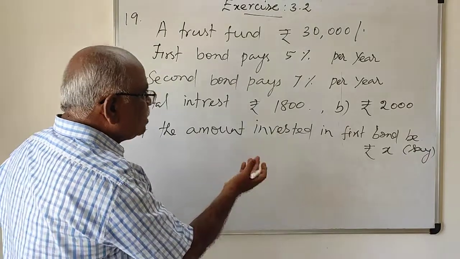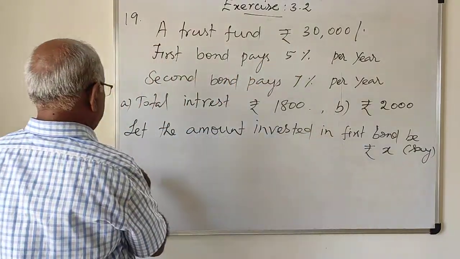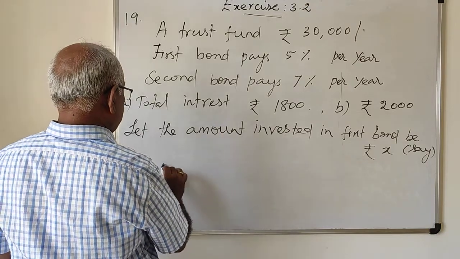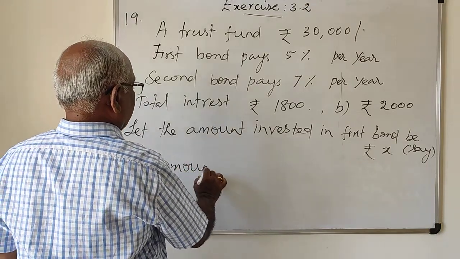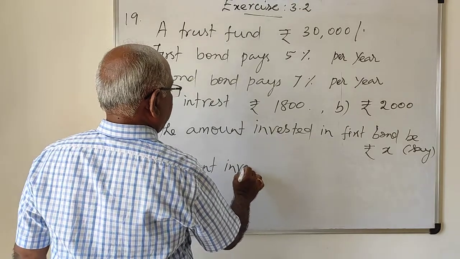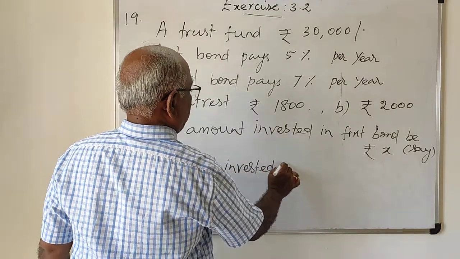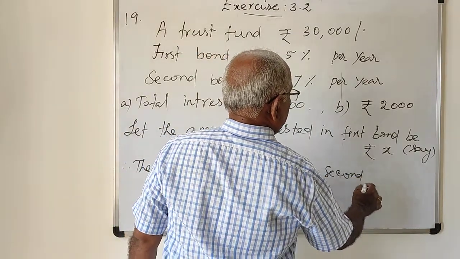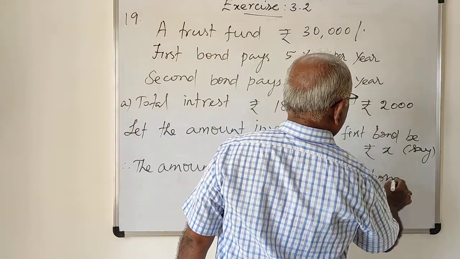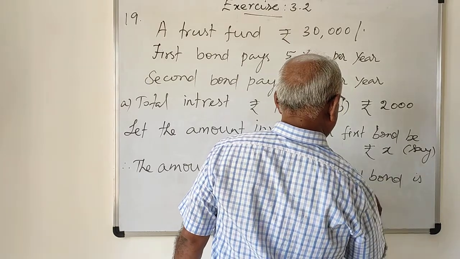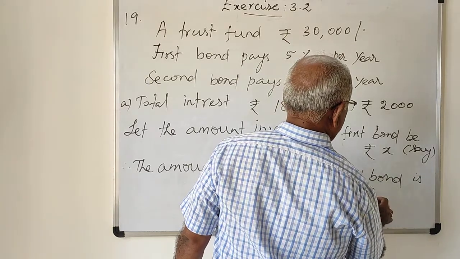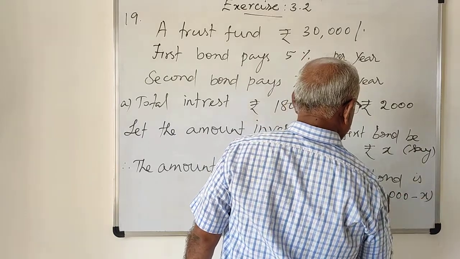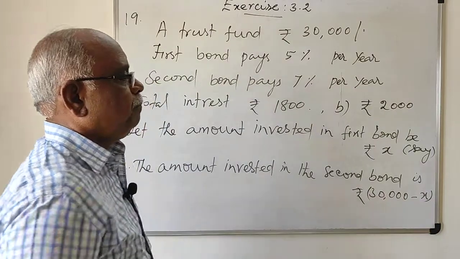Therefore, the amount invested in the second bond is 30,000 minus X. The balance amount is invested in the second bond.